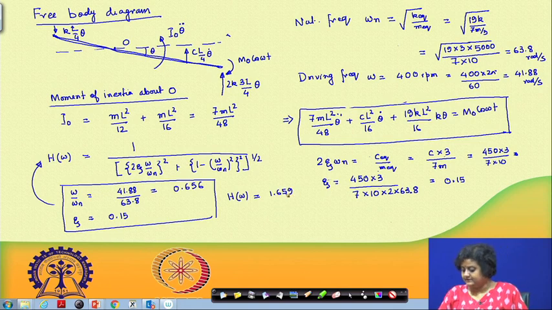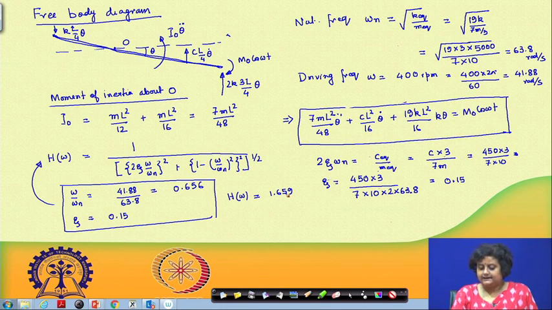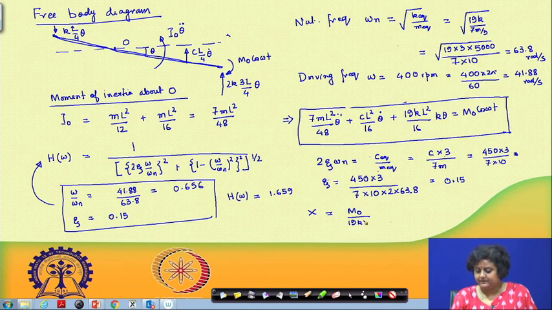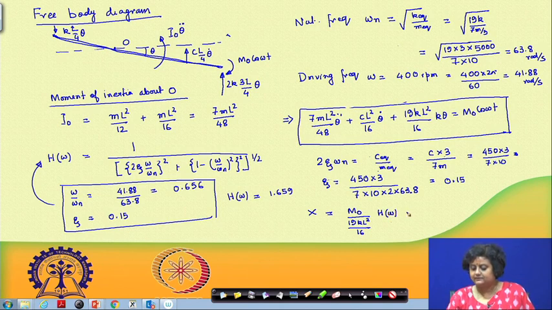Once you get the magnification factor, you can say that X is nothing but M0 by k, which is 19 k L² by 16, into H(omega), and that X is given as 15 degrees, which in radians is 15 into 2 pi by 360.